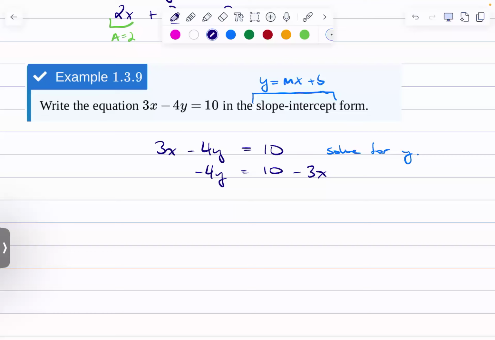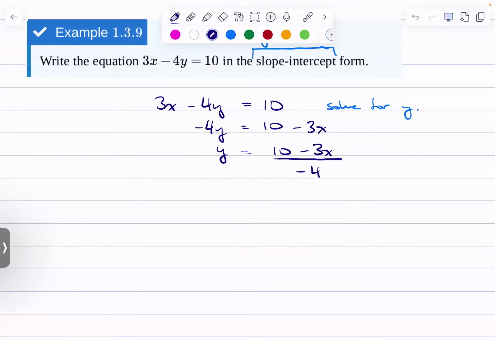Then to solve for y, I need to divide both sides by negative 4, right? To move that negative 4 over to the right-hand side. And so then I get y is 10 minus 3x, all divided by negative 4. To simplify this a little bit, to get it into the cleaner y equals mx plus b form, I'm going to split this fraction up, right?